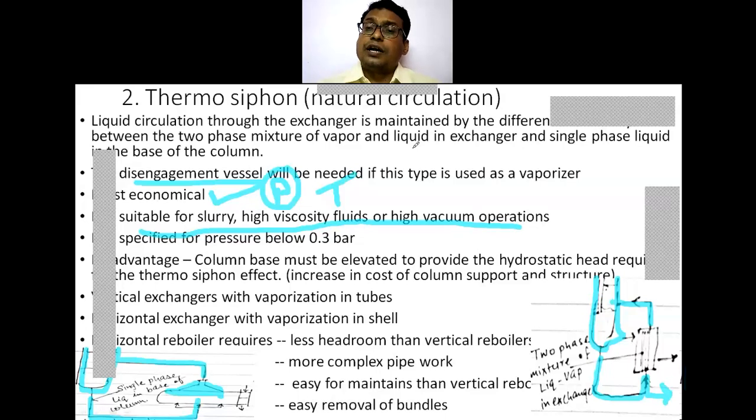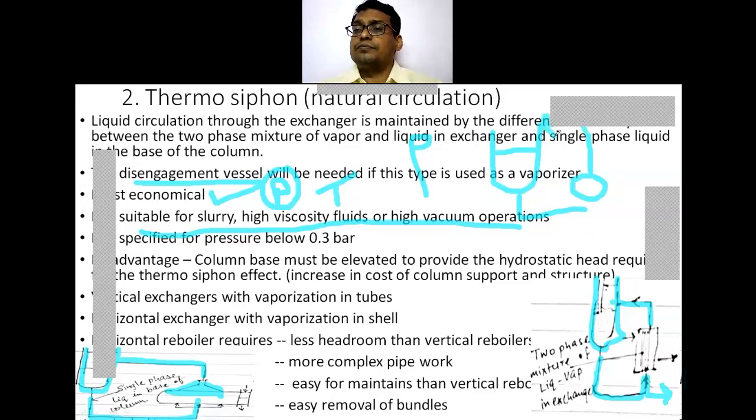Because of temperature difference, the density difference will be there, and because of the height, the fluid will also move from the bottom to the heat exchanger that is provided. So liquid head is at this point, and as a result the fluid may move from here to here, and here the vapors are generated. So you are putting these generated vapors back into the distillation column.